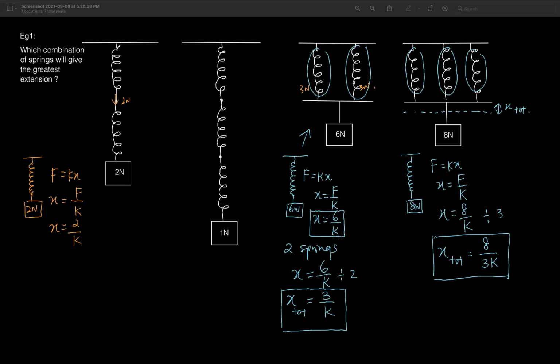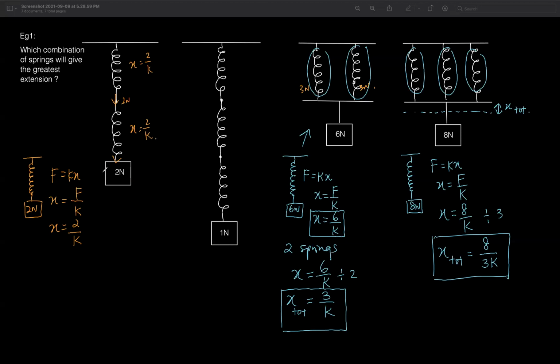If I connect another spring below this one, does it affect the extension? No, it doesn't, because the same force is pulling each spring. Whatever the extension of one spring, X equals 2 over K, if you add another spring, the extension would be the same.